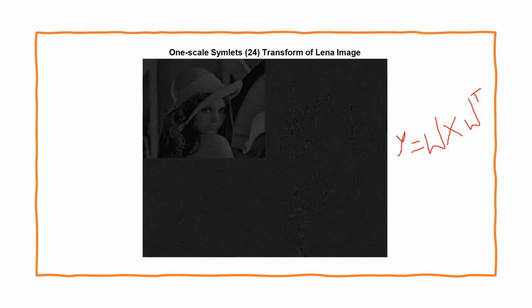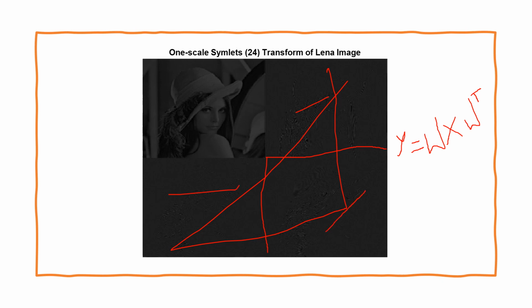There the order was n cube, but here we have calculated it at a much faster rate, and we have got the same image. We have the trend here at the upper left corner, then we have the three detail coefficients: the vertical, the horizontal and the diagonal coefficients.